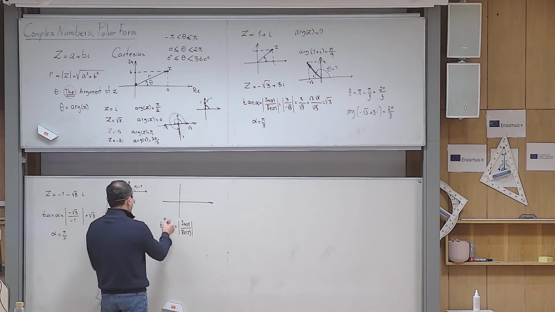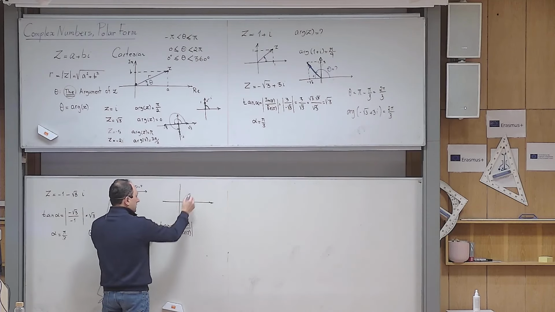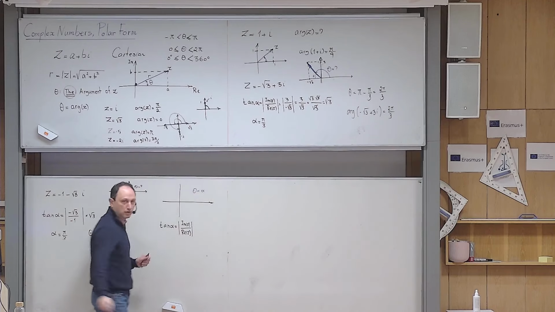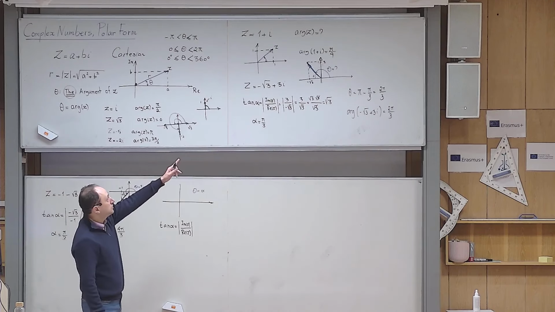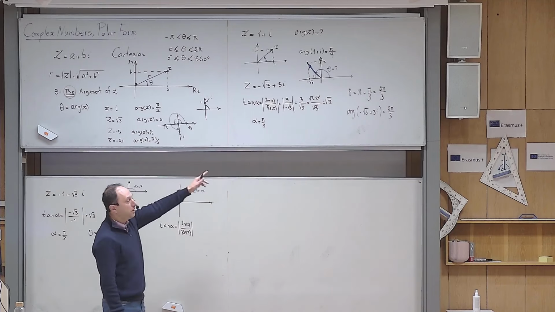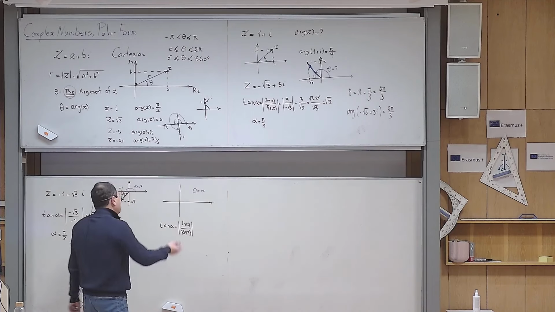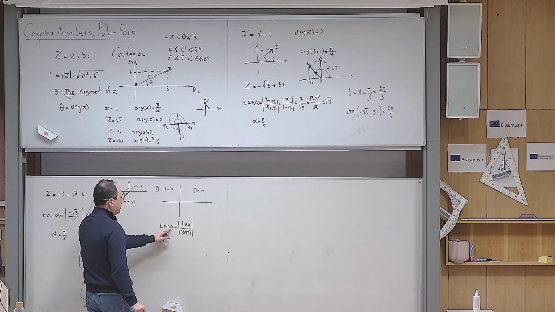And then if the number is located in the first quadrant, theta is exactly equal to alpha. Yes? If it is in the second quadrant, theta is not exactly equal to alpha, but theta is pi minus alpha. So I don't want you to memorize it, but anyway, it will work. So you can write pi minus alpha. So you always find alpha from this formula.